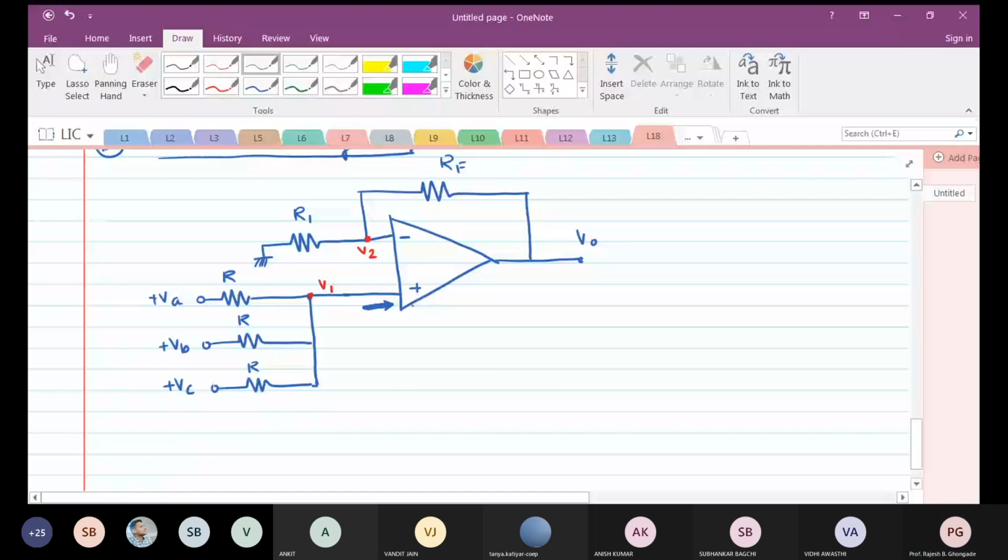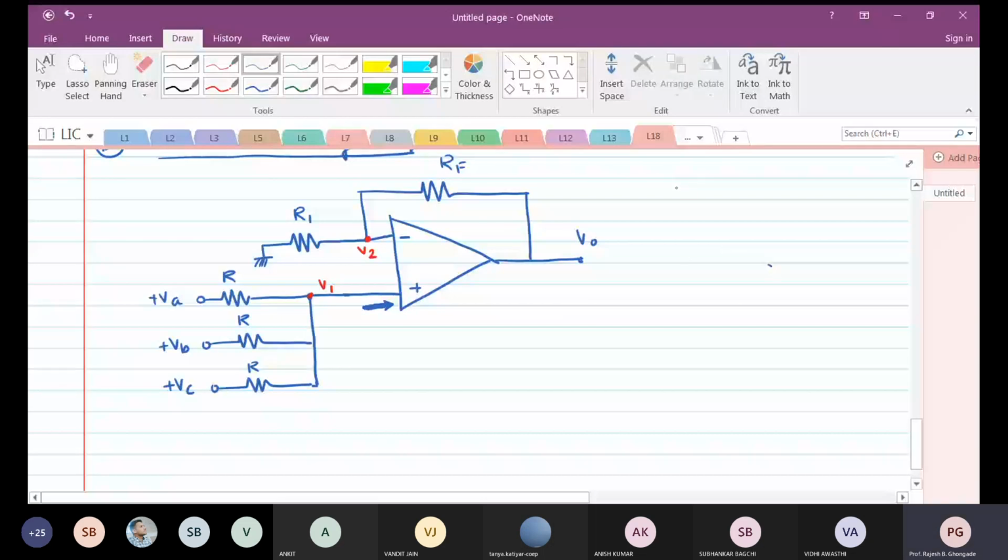Guys, hello, am I audible? So what is going to be the input impedance looking into this non-inverting terminal? It is going to be very high. How can it be low?